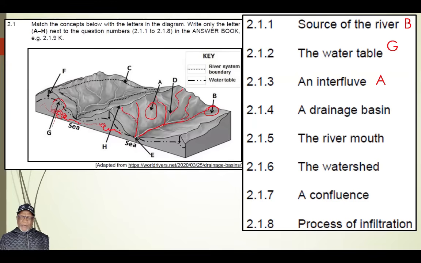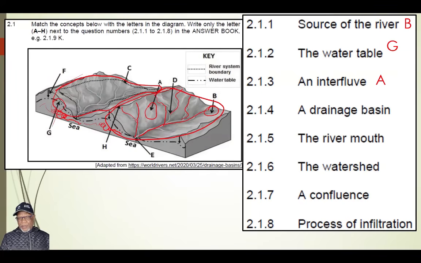Then, what do we have here? We have this drainage basin, this side, and we have another drainage basin, this side, which is indicated by these dotted lines. So this is a drainage basin and another drainage basin.